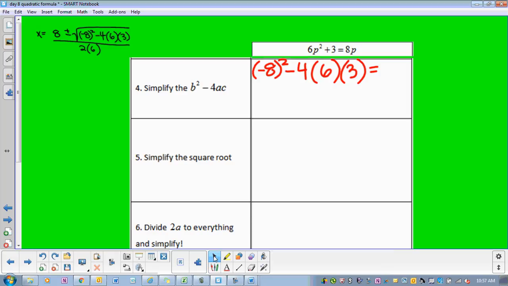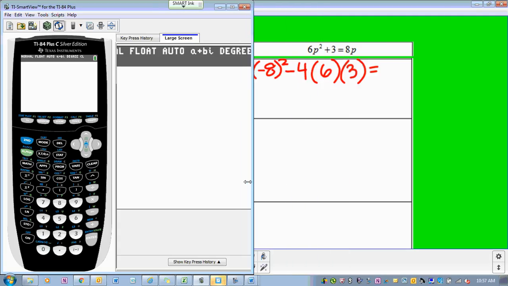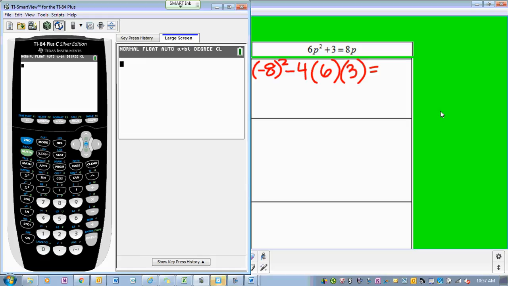So, guys, we need to go to the calculator. All right. What did I say? Did I say put in the square root? Yeah, it's -8. You do not put in the square root. Just put in the stuff inside the square root.